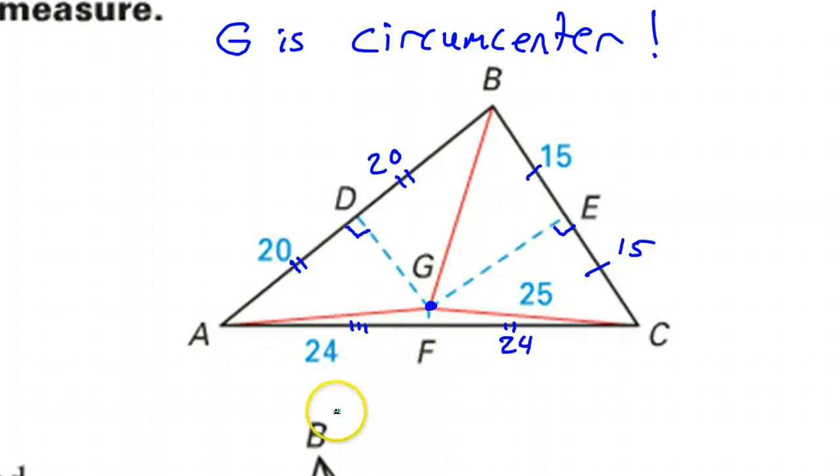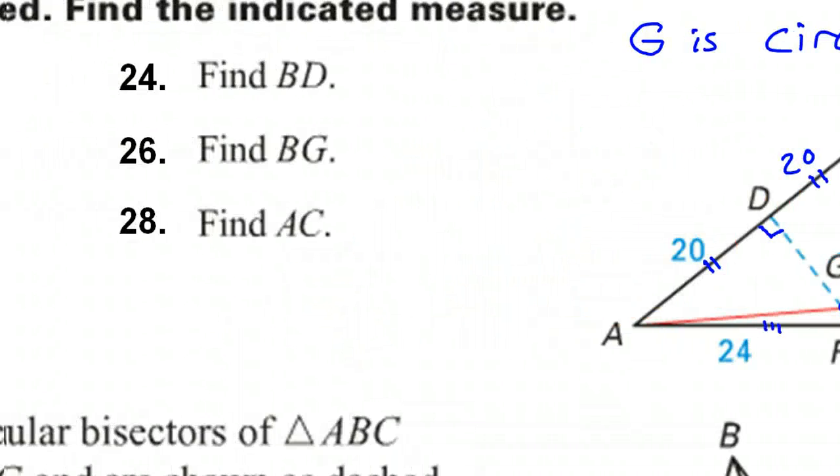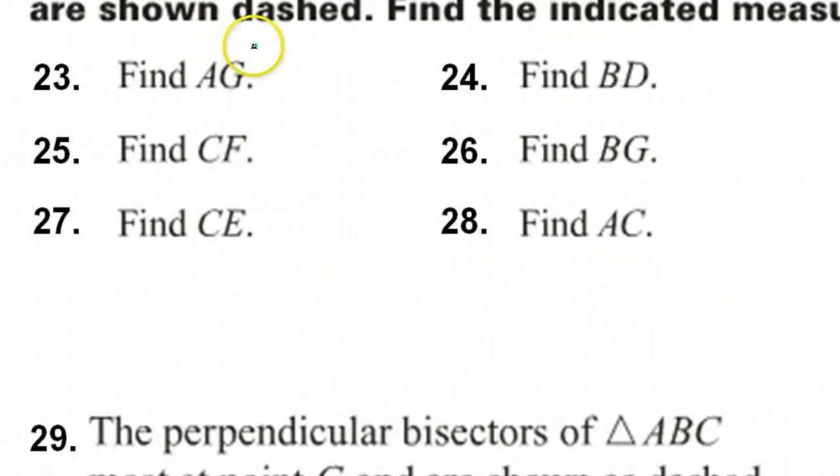We're just flat out given that number. Can you see it? It's right here, my people. GC is 25. Now the circumcenter is equidistant to the vertices. So if GC is 25, that means GB is 25 and GA is 25. All three red lines are 25. So AG is 25 for that reason.